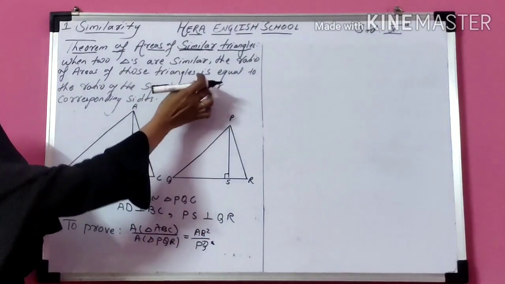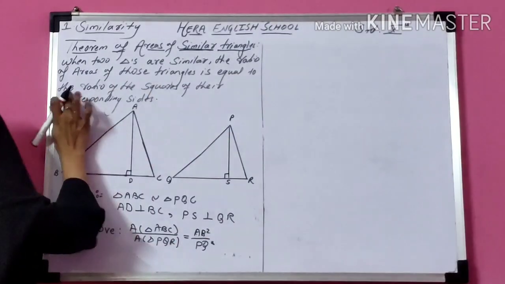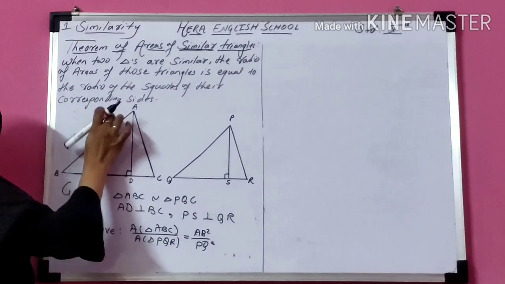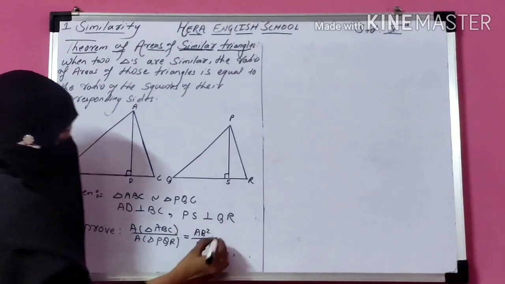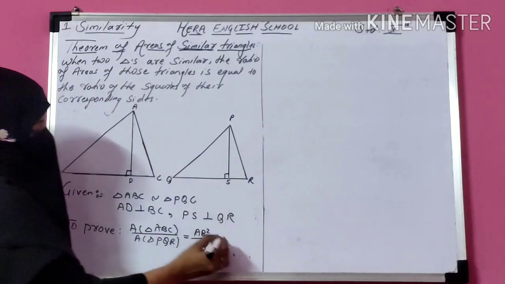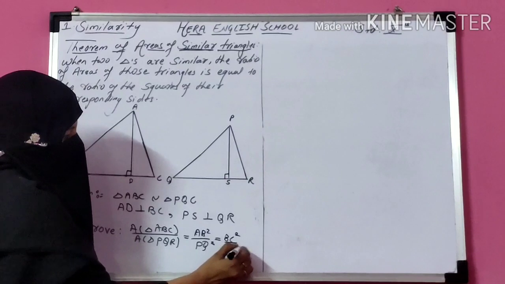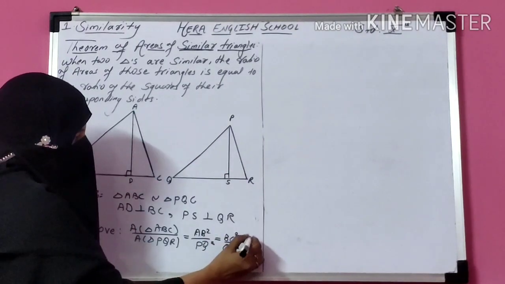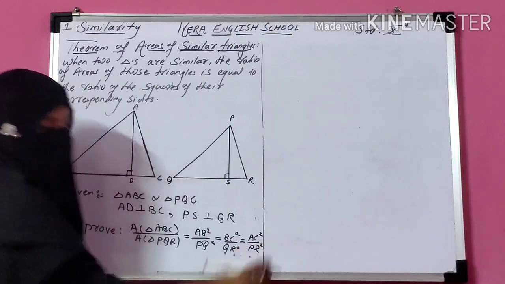That means you have to write the square on corresponding sides. Next is BC square upon QR square, and next is AC square upon PR square. This you have to prove.